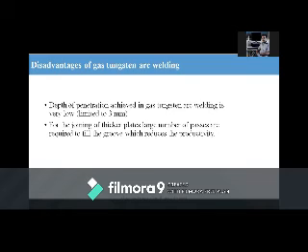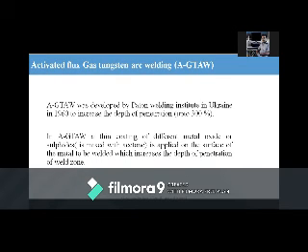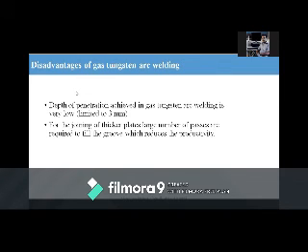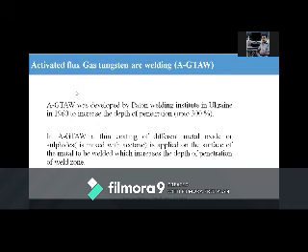Now let's come to what activated flux gas tungsten arc welding is. It was developed by the Paton Welding Institute in Ukraine, and they increased the depth of penetration of gas tungsten arc welding up to 300%. This is a very simple process.